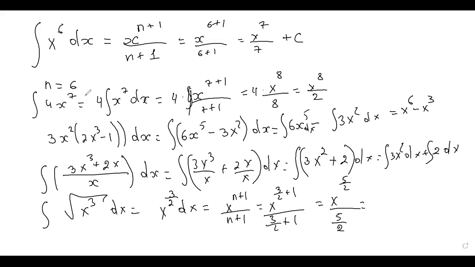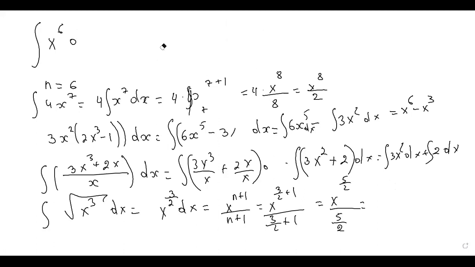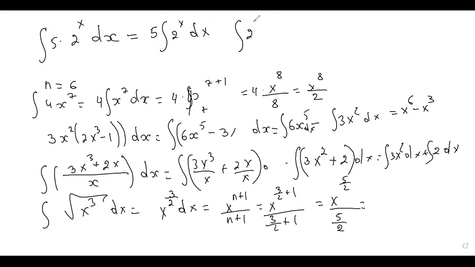So let's do the last example about these basic integration formulas. That's 5 times 2 to the power of x. So we can take 5 out of the integral, so the integral of 2 to the power of x dx. So you know that we have the formula: a to the power of x integrates to a to the power of x divided by ln a.